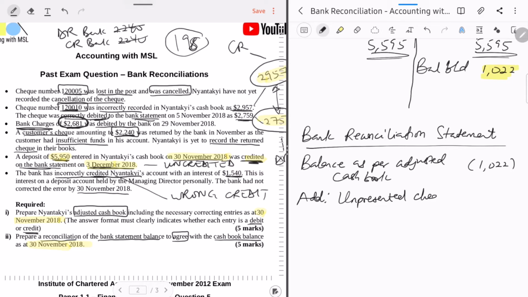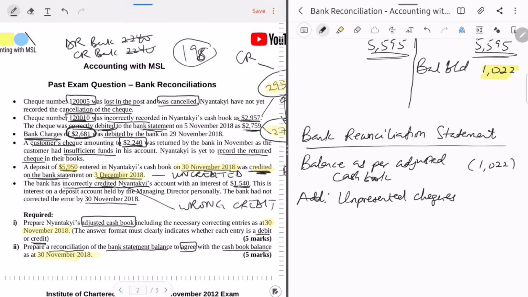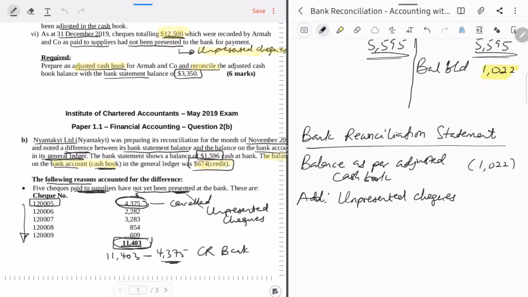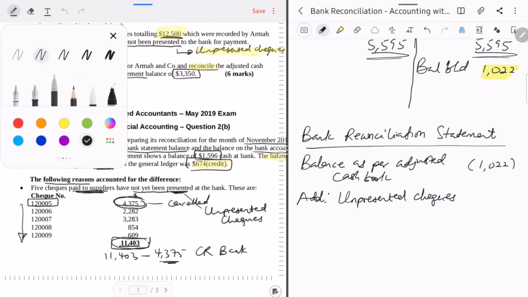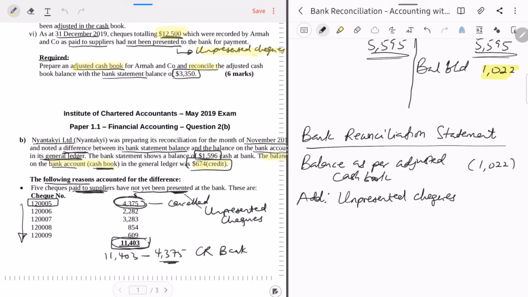Then what do we do? We add on unpresented checks. Did we have any in this question? I think we did. Do you remember? Good, right here. So we had unpresented checks. Remember I told you we deduct 4375.